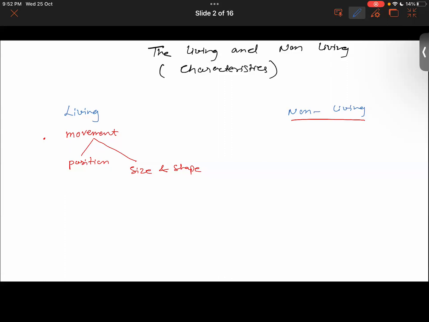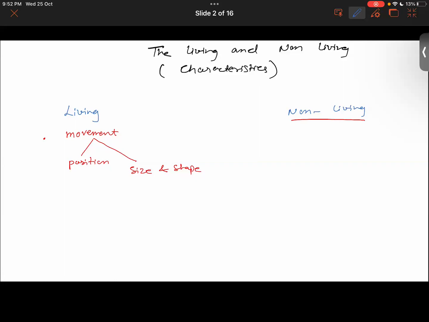So basically, we are surrounded by plants, trees, animals, birds, different types of microbes. Microbes यानी कि microorganisms से surrounded हैं. And then there are various non-living things also that surround us, right?